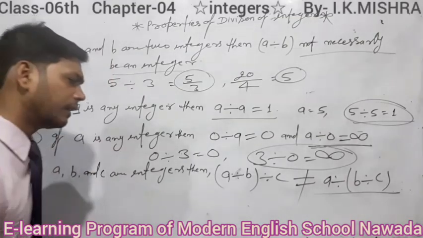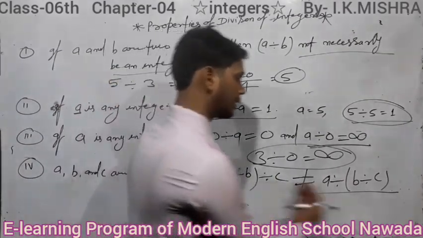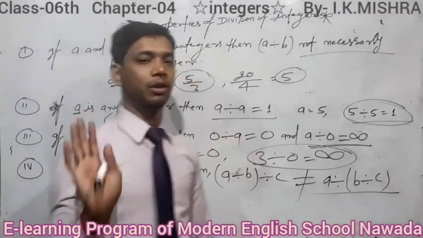You can take any values of a, b and c and check the result: LHS is not equal to RHS.